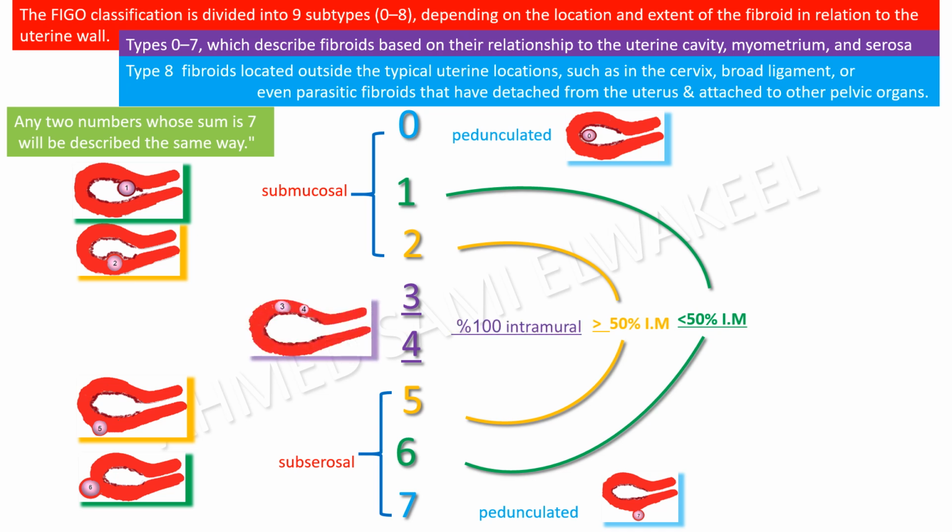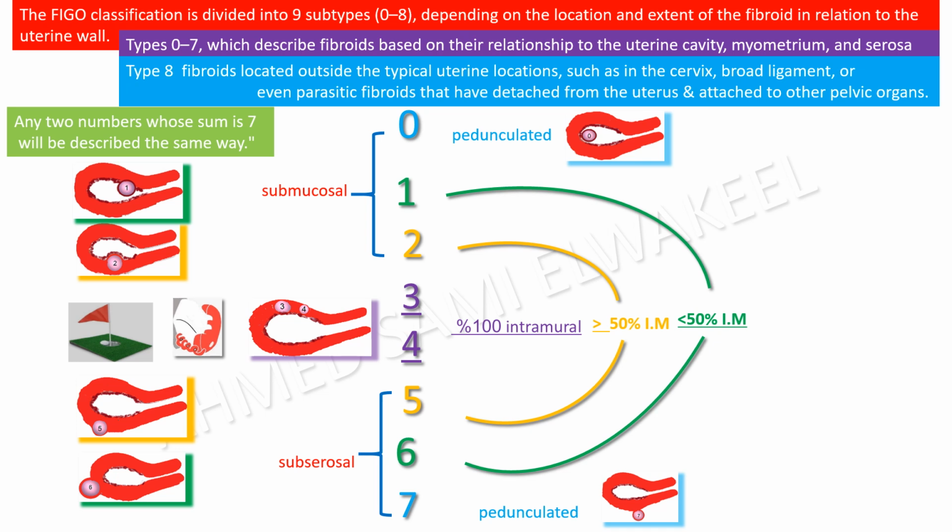And here is a photo memory. Number 4 looks like a flag in the middle of the field. So we can remember that subtype 4 is located in the center of the myometrium. And number 3 looks like a handset of the telephone.